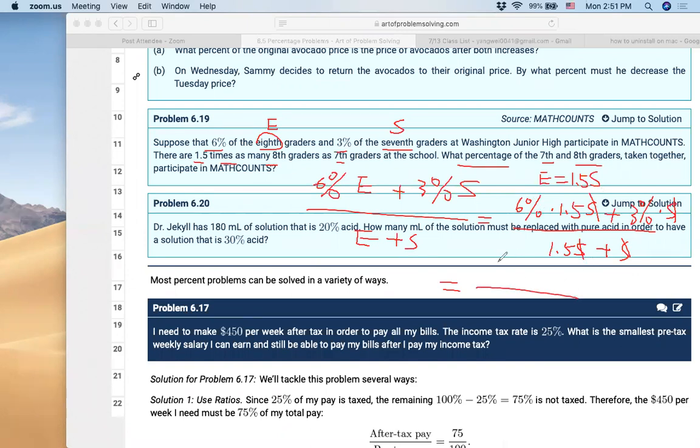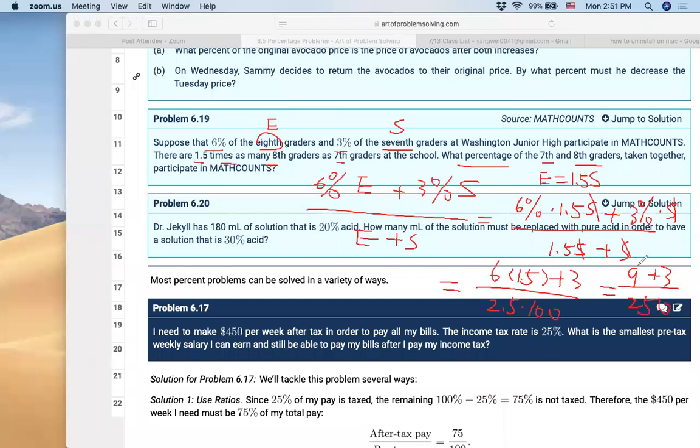The numerator will be 6 times 1.5 plus 3 times 1, which is 3, and the denominator is 1.5 plus 1, that's 2.5, times 100, that's 250.